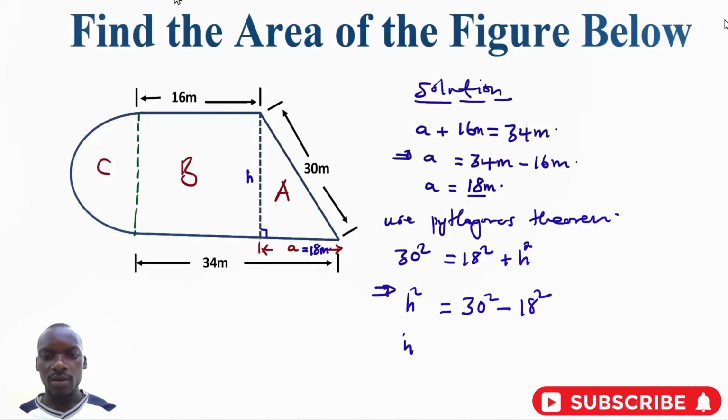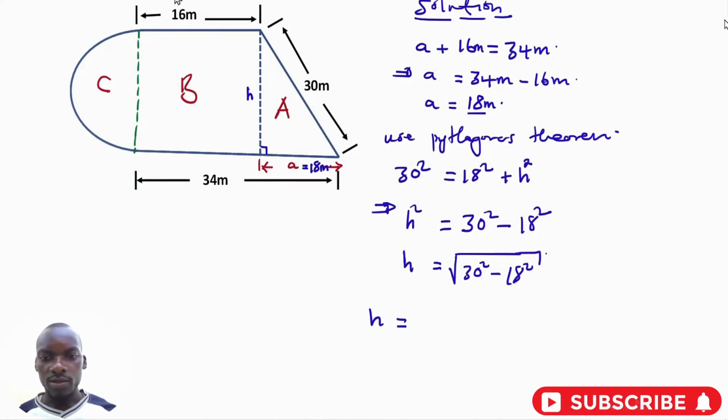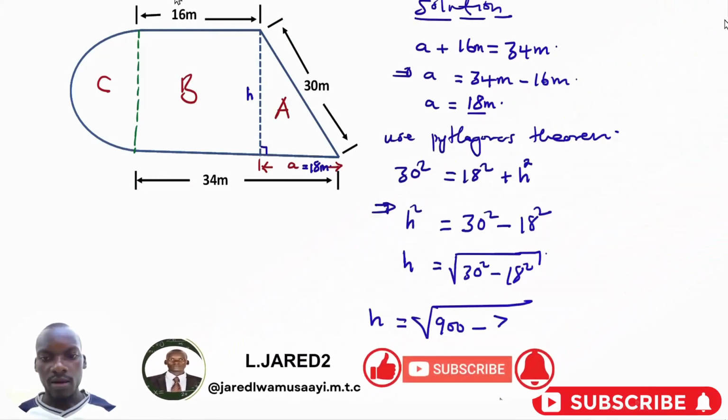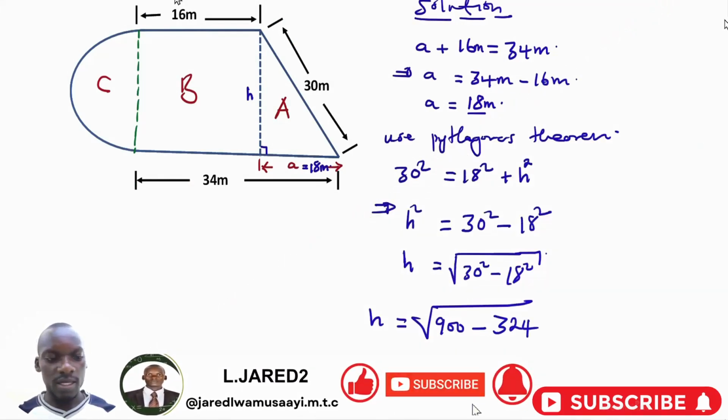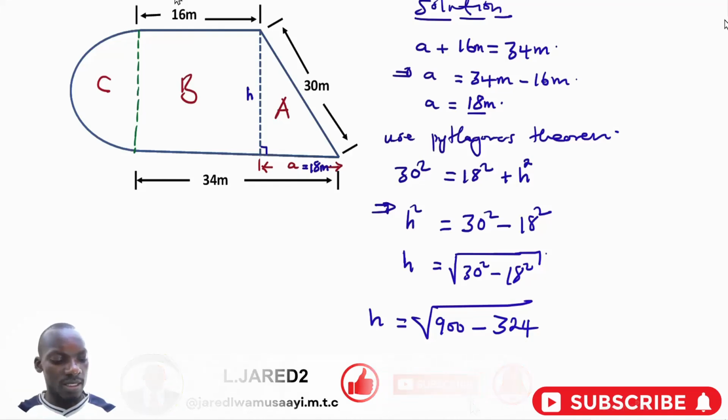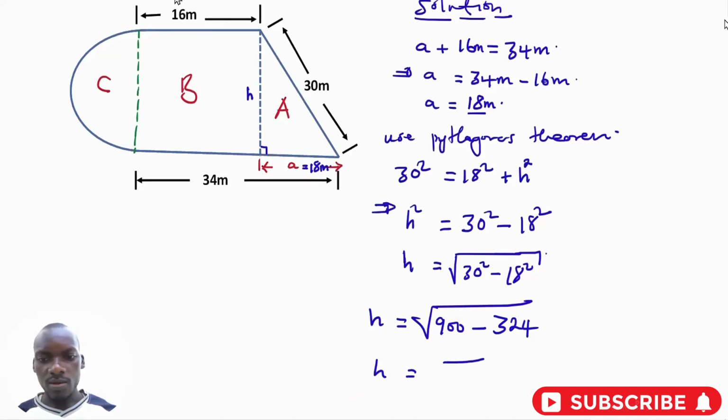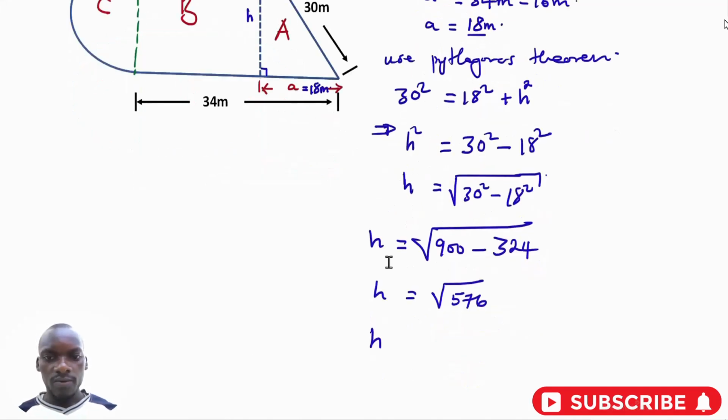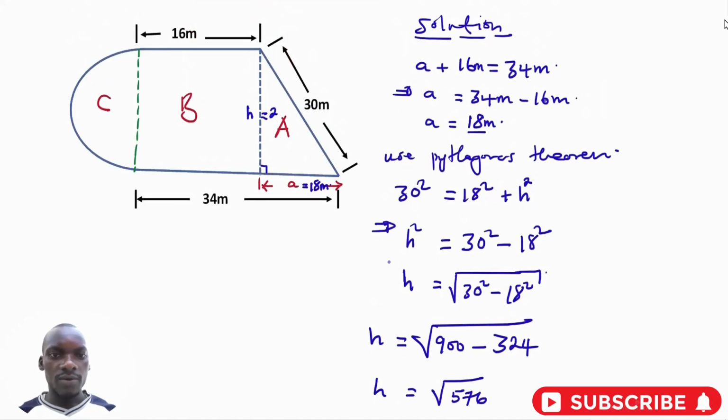So h equals the square root of 30 squared minus 18 squared, which is the square root of 900 minus 324. Then when I make the difference, I'm getting h equal to the square root of 576. The square root of 576 gives us 24, and this is in meters. Therefore, h, the height of this triangle, equals 24 meters.